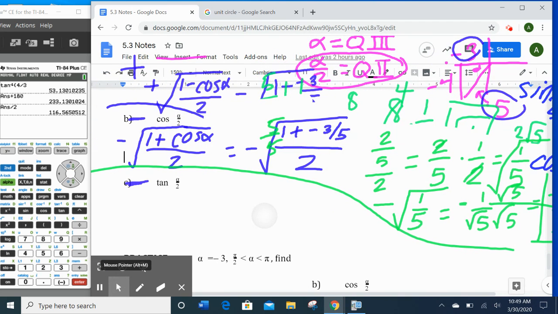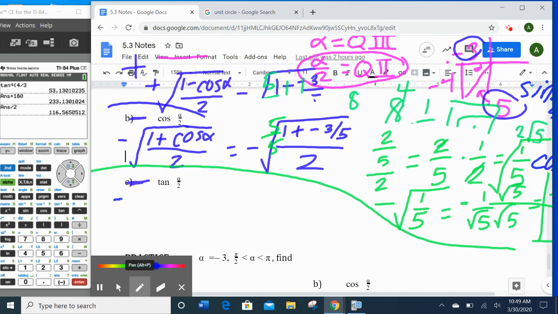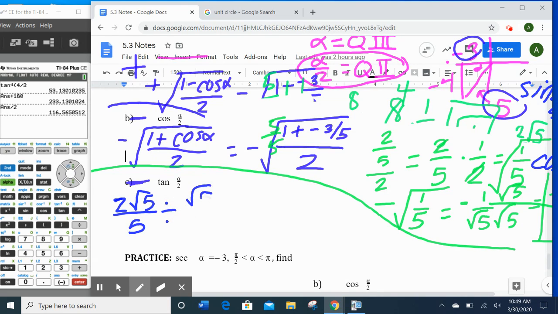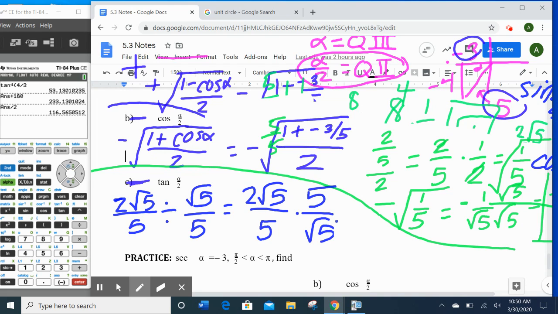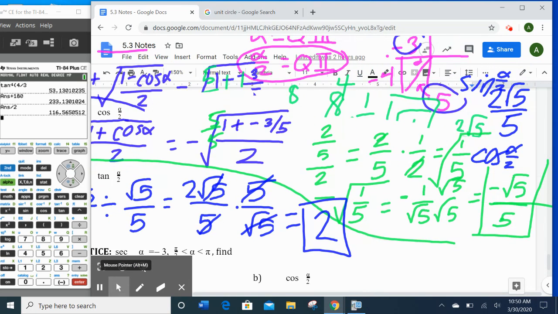So let's take sine divided by cosine. So 2 root 5 over 5 divided by root 5 over 5, which is the same thing as 2 root 5 over 5 times 5 over root 5. So the root 5's cancel and the 5's cancel, so the tangent of alpha over 2 actually just ends up being 2.